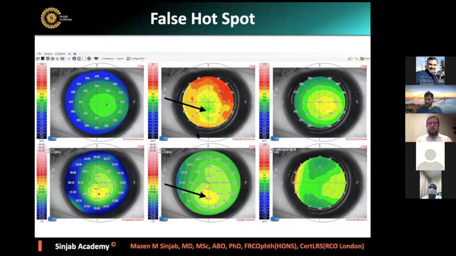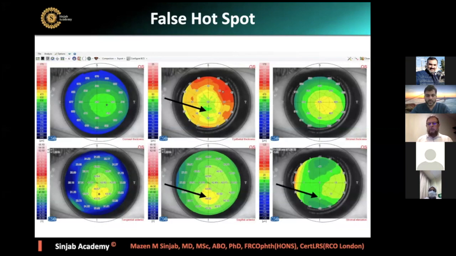And this patient has been using contact lenses. Immediately when he came to us, we removed the contact lenses, we took the picture, and we found this hotspot. If we leave the patient for 1 or 2 weeks without contact lenses, you will find this hotspot disappear. So it's very important to differentiate such hotspots from real keratoconus suspect or keratoconus by the epithelial thickness map.